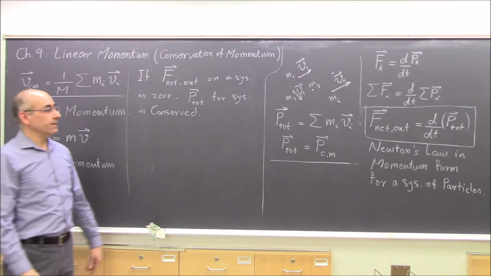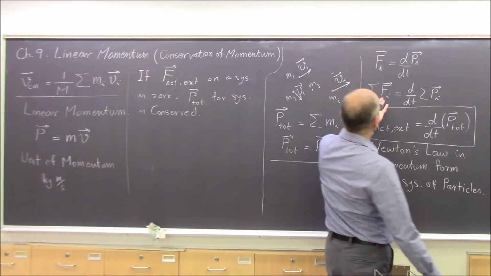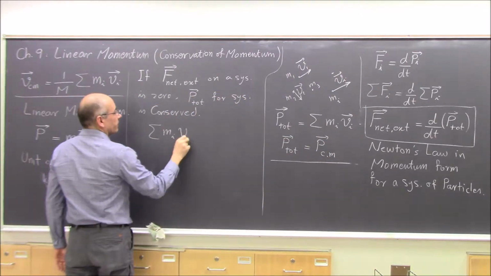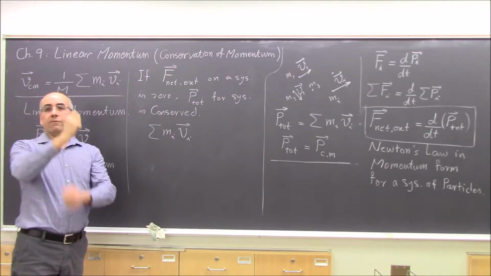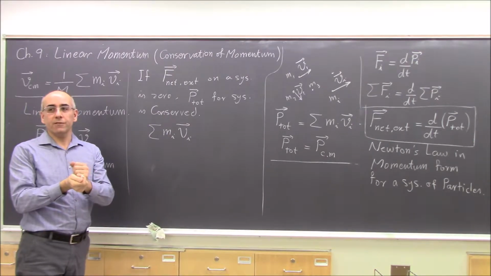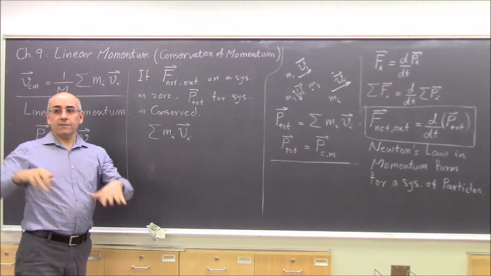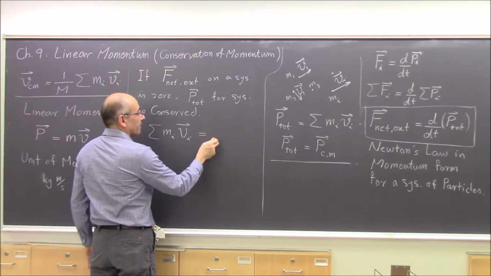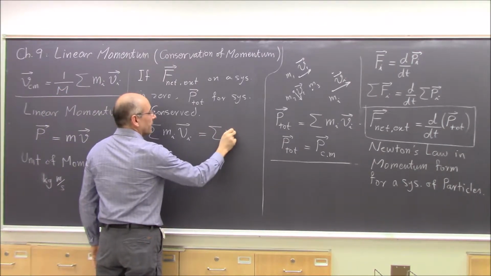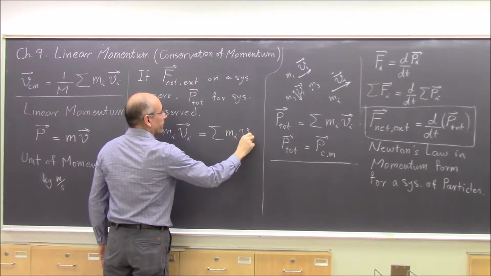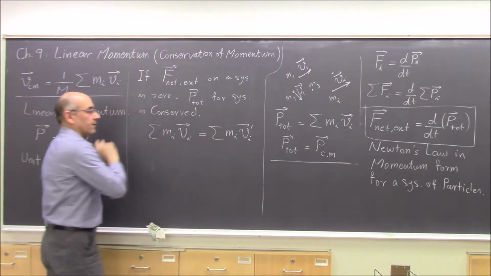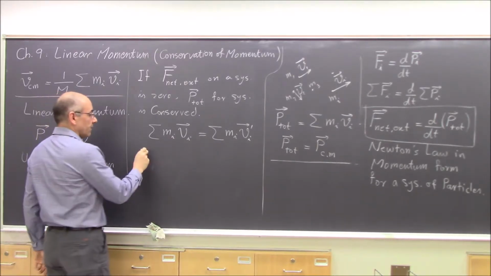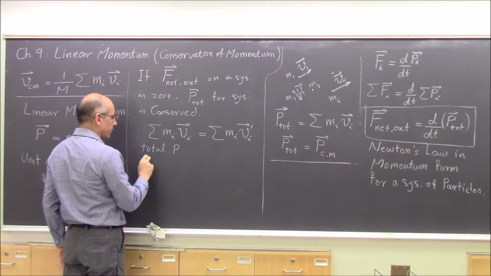So if you have a number of particles, total momentum, which is sum of mi vi, is constant. Means that whenever the particles interact with each other, as long as there's no interaction with outside the system, we have total momentum, sum of mi vi prime after, equal to total momentum before. So this is total P before.